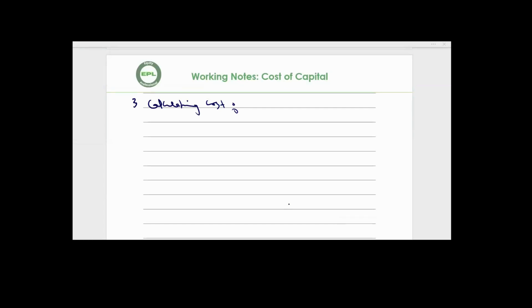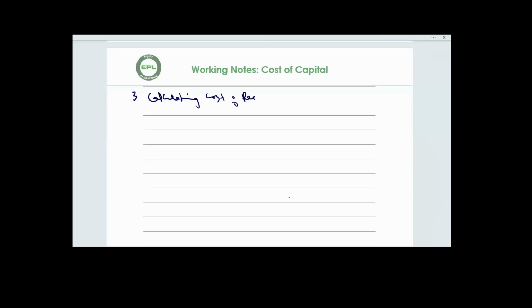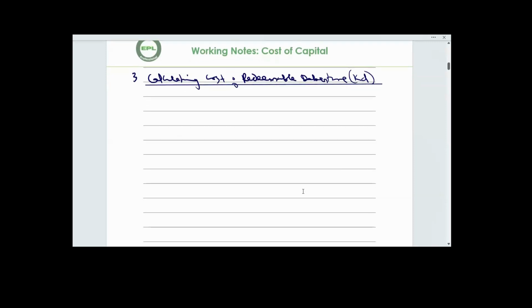So calculating cost of redeemable debenture, KD. Now, I told you that whenever you want to calculate cost of redeemable debts, what do you do? Just go ahead and calculate internal rate of return.